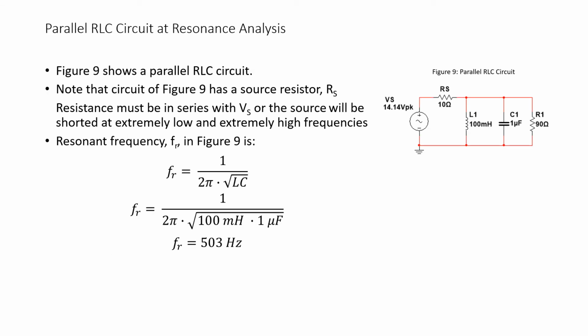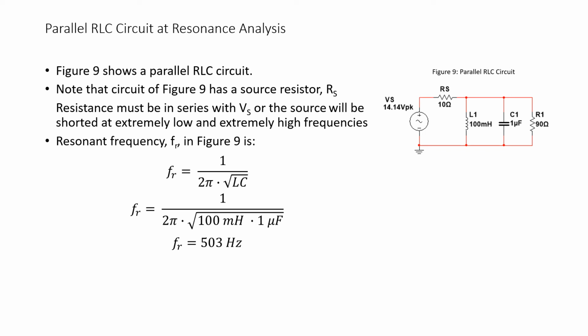We look at figure 9, and this gives us a parallel RLC circuit. Actually, this is a series parallel RLC circuit. Looking at the circuit in figure 9, note the addition of the resistor RS, the source resistor.